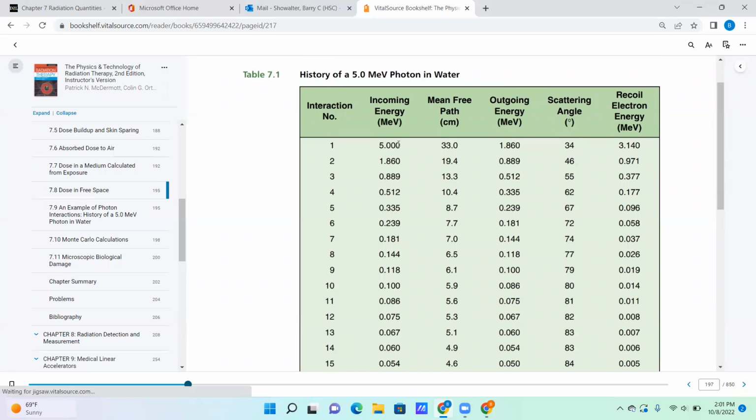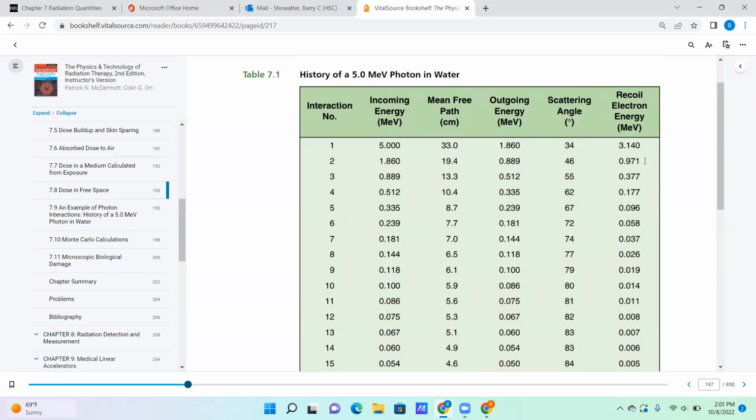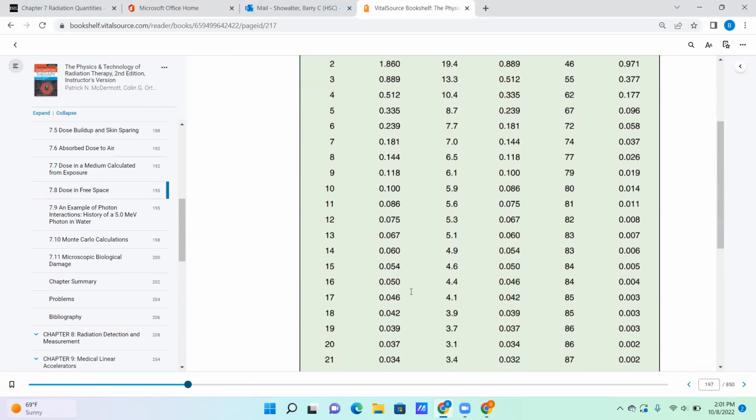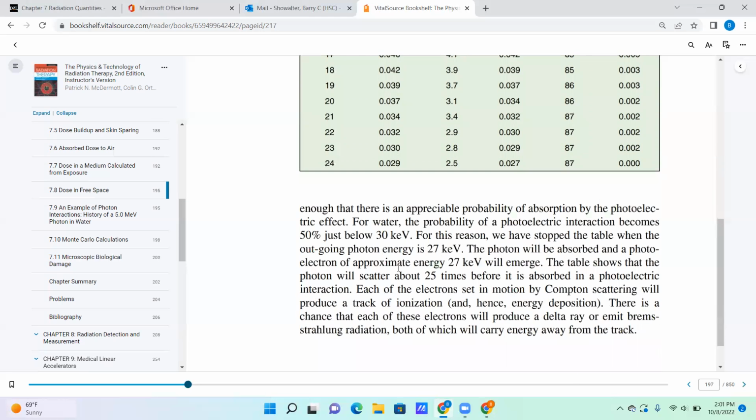Interaction number one, you've got the incoming energy, the mean free path, and the outgoing scattering angle. And then for the second, you're seeing basically the difference between this and this, which is where this comes from. You're seeing the mean free path here, the outgoing energy, scattering angle, the recoil electron, and so on and so forth as you go through the myriad of other reactions here.